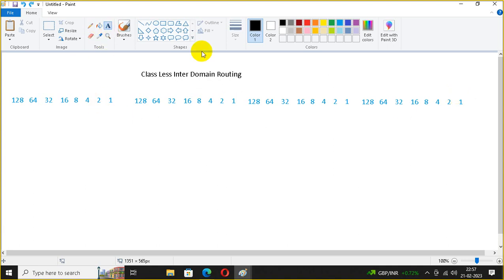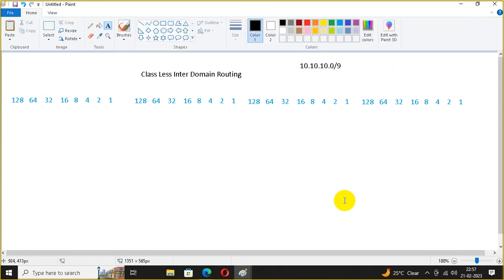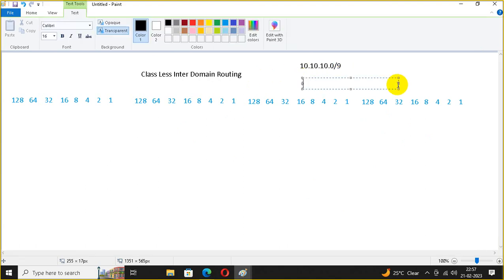There is an IP address 10.10.10.0/9. What will be the subnet? 9. Is it 255.255.0.0? No, it's 9. 255.0.0.0?